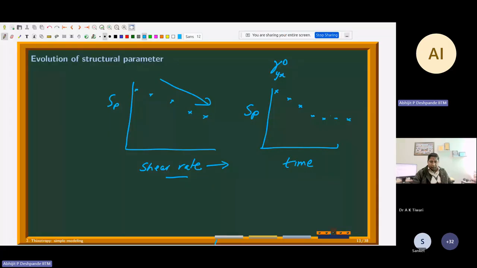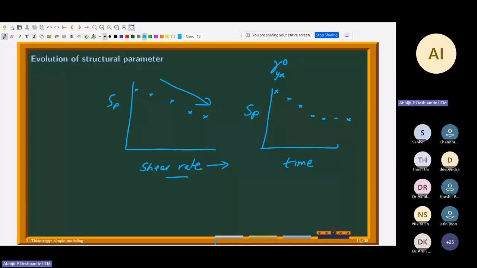So the structure parameter changes as a function of time. It is evolving. And given that the breaking processes also depend on the shear rate, the structure parameter will be different for different values of shear rate.